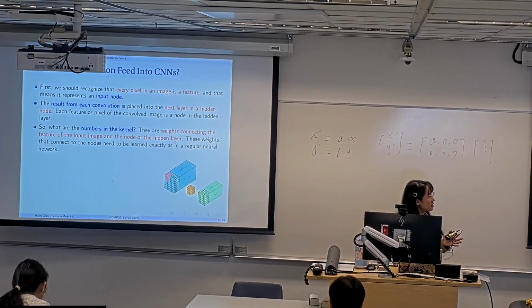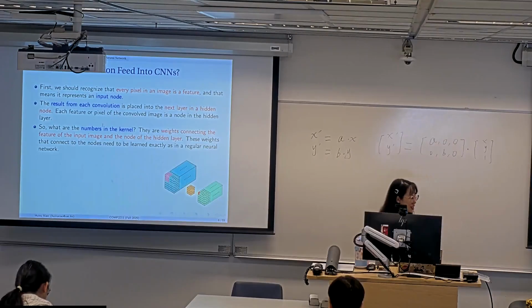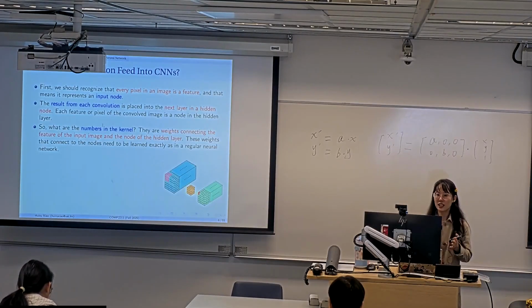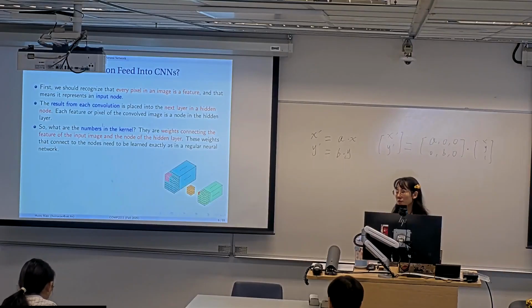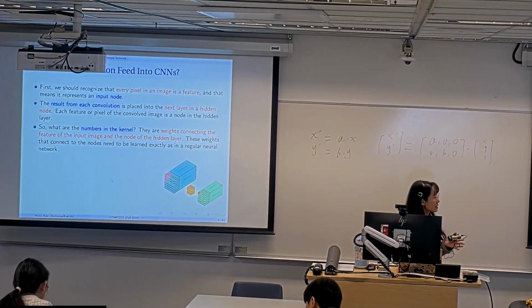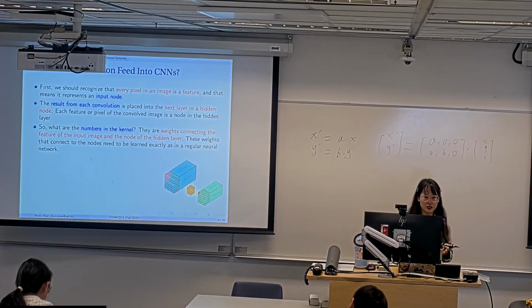Now in CNN, the weights are just the numbers in the kernel. Still, you can regard them as edges connecting the nodes between layers. But since now all the nodes themselves are already arranged in 2D, these weights are also in 2D. These weights are exactly the kernel. The kernel, we know, is always 2D, some matrix.